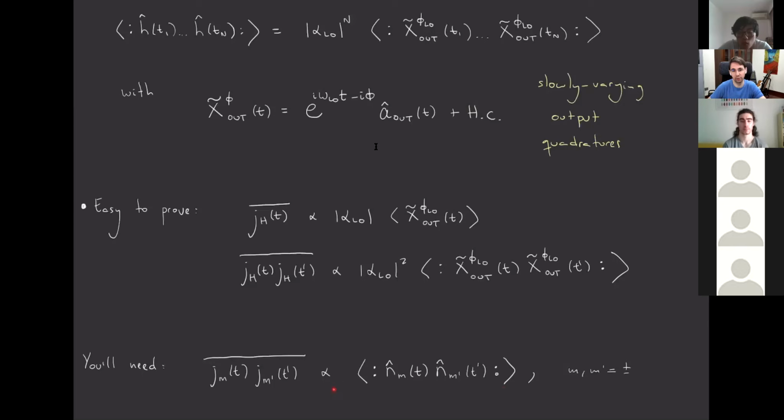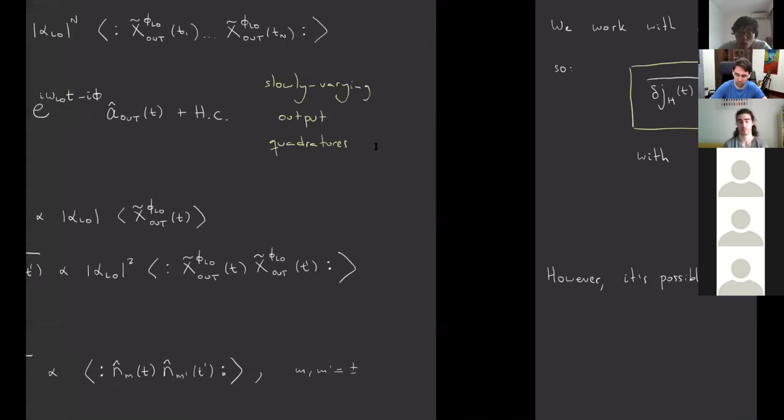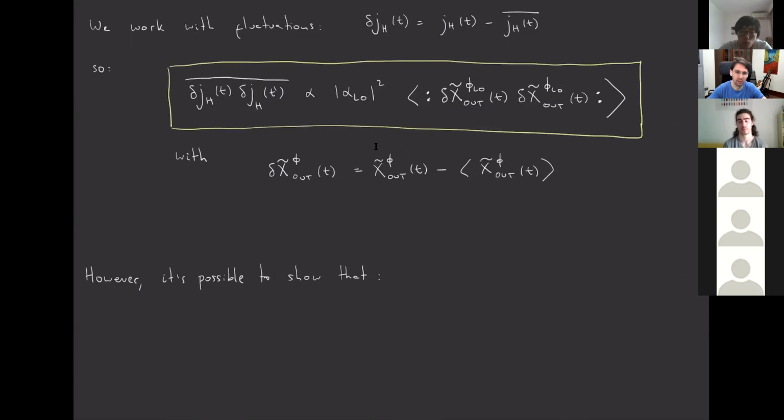I never give you the proportionality factor, and I never give you the exact expression. If I would give you the exact expression, you would see that it's quite amazing that if I ask you what is the variance of the photocurrent associated to a photodetector, and this is completely general, it's just the photocurrent of any photodetector, okay?